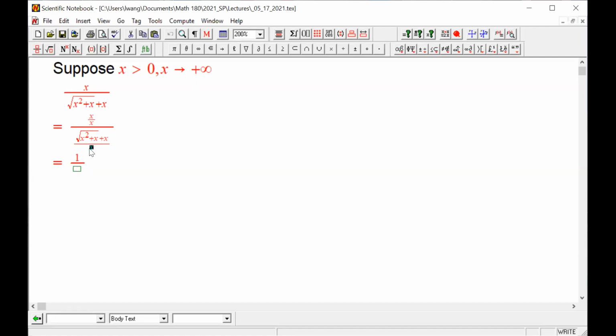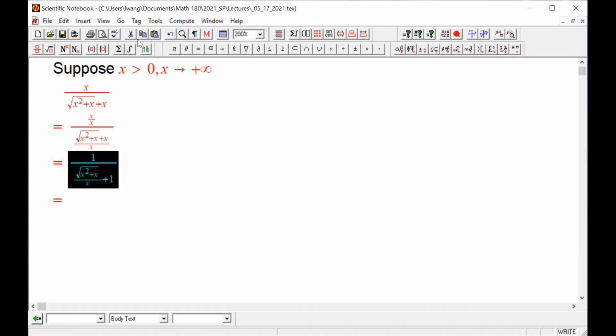Denominator, when you take this x divided into these two parts in the fractions, you're going to have this guy over here divided by x. And over here, you have another x divided by x. You guys follow me? And next, this is just 1.